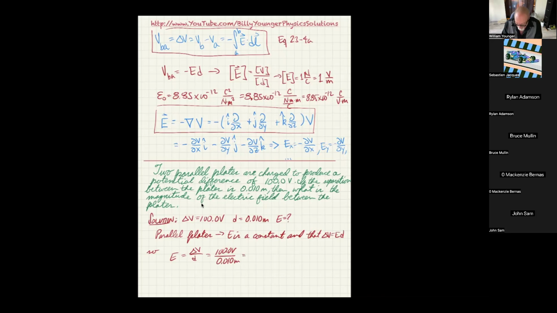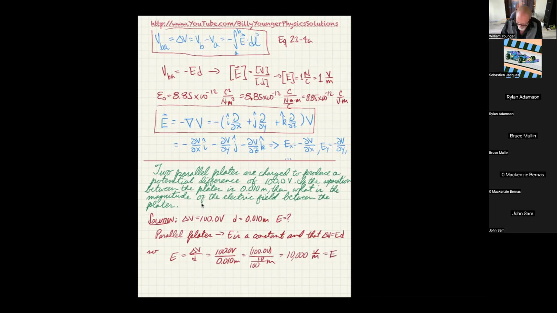So this is going to be 100.0 volts divided by 1.0 divided by 100 meters. And now you can see that by dividing by a fraction, you have to multiply by the reciprocal. So I'm going to get 10,000 volts per meter is the actual electric field strength.